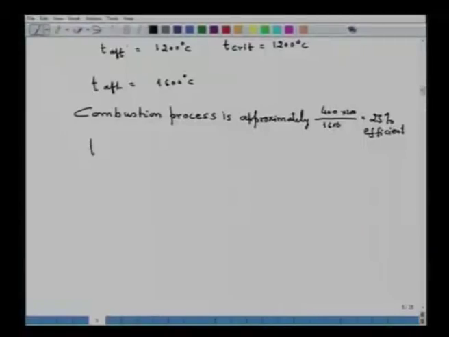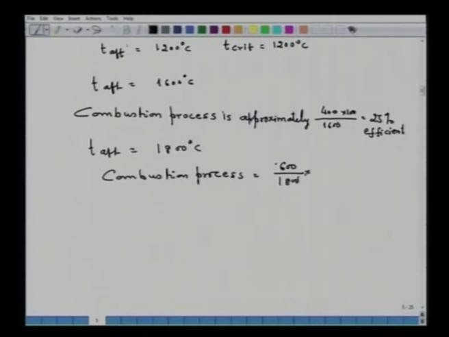Now, another example, if TAFT is equal to 1800 degrees Celsius, then the combustion process would be 600 upon 1800 into 100, that will be 33% efficient.